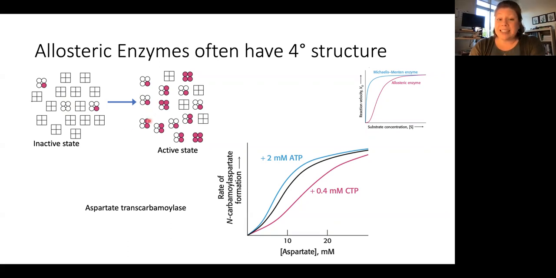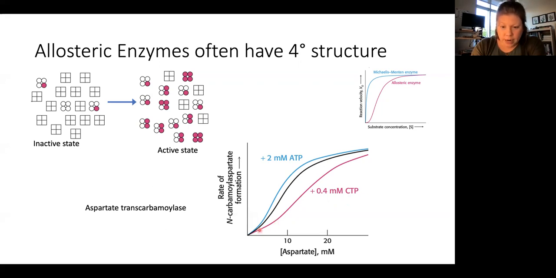And if ATP has stabilized this active form of the enzyme, then there's less need to be converting from inactive to active, because we're already active. ATP is bound and convinced us that active is the best shape to be in. Okay, so ATP can activate enzyme activity through allosteric binding, whereas if this one's activating, CTP must be inhibiting.